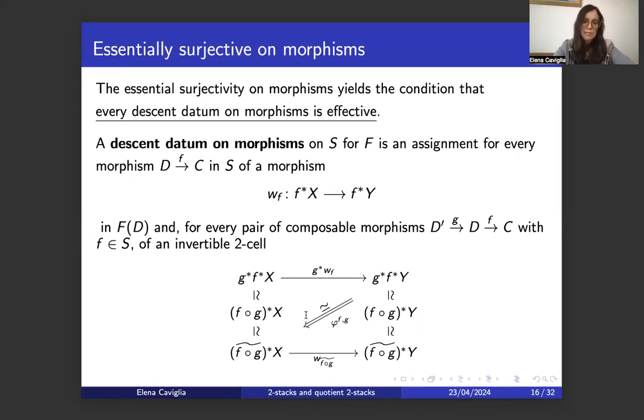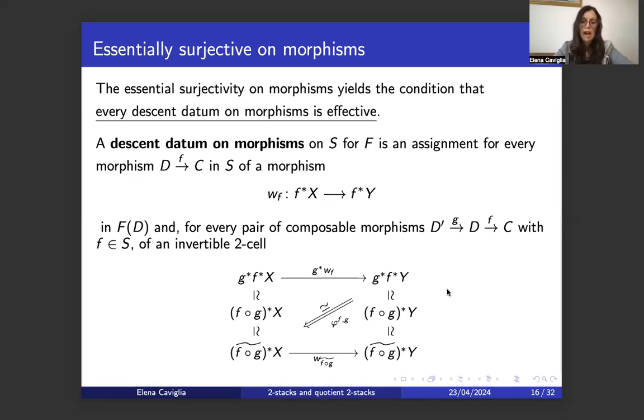And this time, instead of the phi f g being invertible morphisms, they are invertible two cells of this form. So we have a bunch of invertible two cells, and this needs to be compatible.